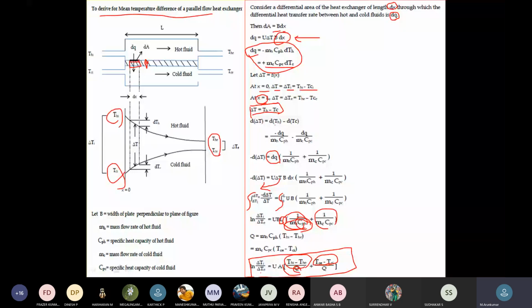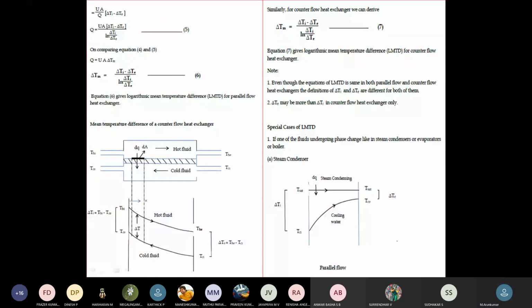Here we have a logarithmic mean, so we call it the logarithmic mean temperature difference, LMTD.